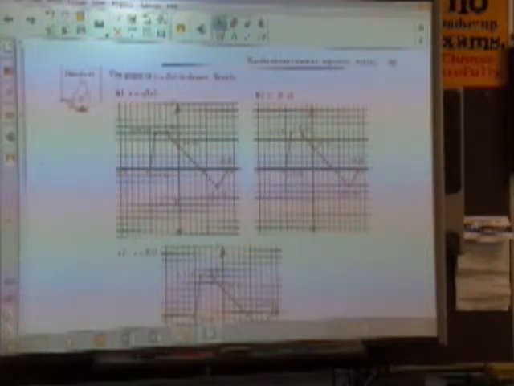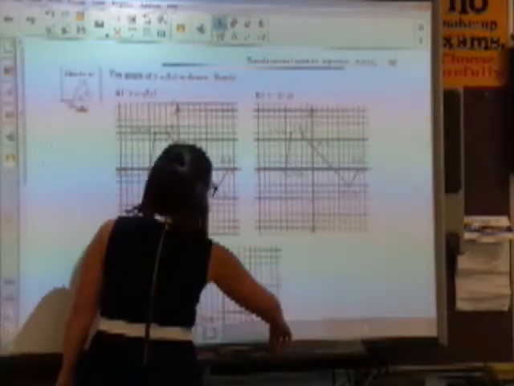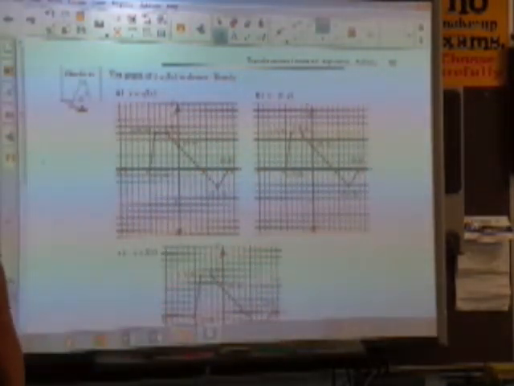I guess you could put it as a plot, and you could put x's and y1, and then do a stat plot with it, but we want to look at the characteristics of the graph. We don't want to just be relying on the calculator. So if I look at A, I want to draw the graph of y equals negative f of x. What replacement is being made in this equation?